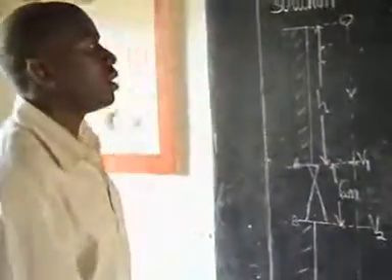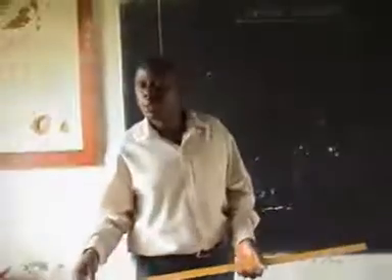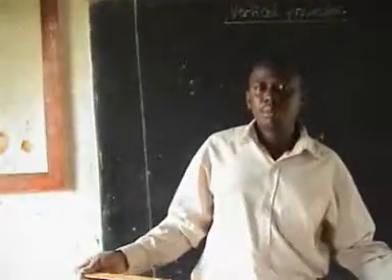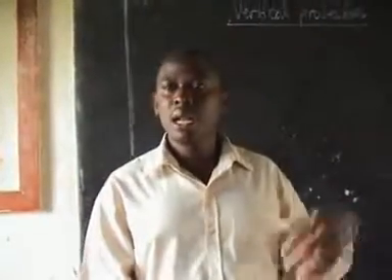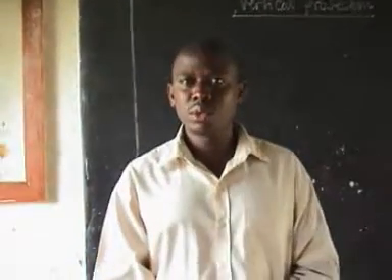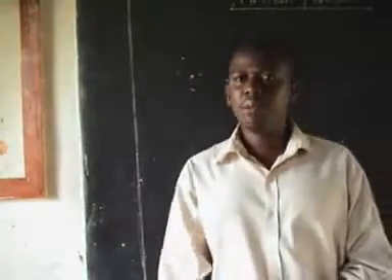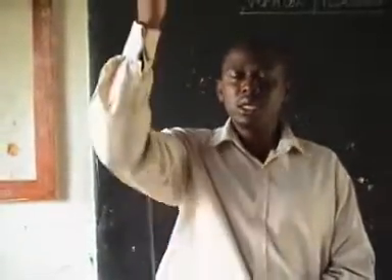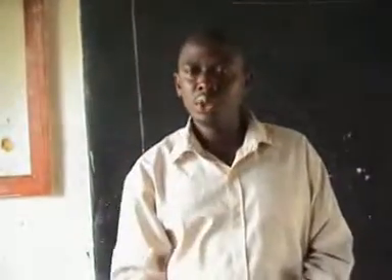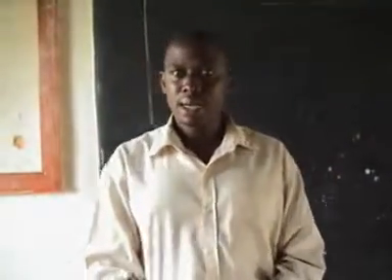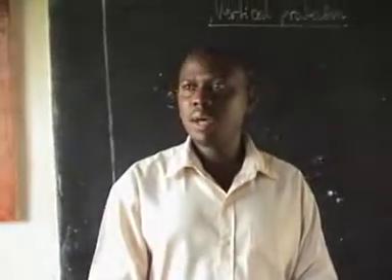So we are now going to look at vertical projection. A body is projected vertically upwards if it's given an initial velocity and it is allowed to move under the influence of its own weight. In this case, the body will move, reach a certain point, and then come back. So what causes the body to come back?